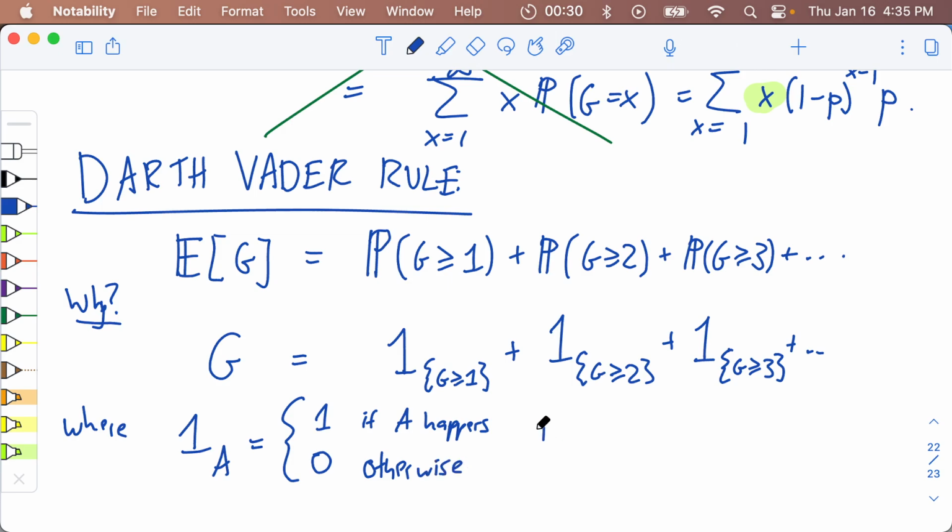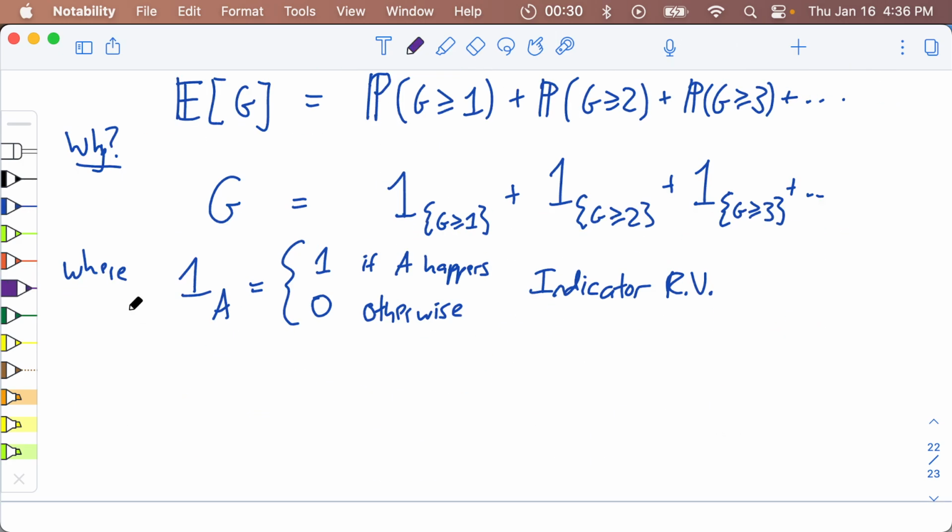So this is called an indicator random variable. And it indicates with a 1 if the thing happened, and it indicates with a 0 if the thing didn't happen. Who's seen an indicator random variable before? Okay, a few. Who's never seen one before? A few people. Okay, this is your first time. So, in fact, we had an indicator random variable earlier, and we did it without saying the example.